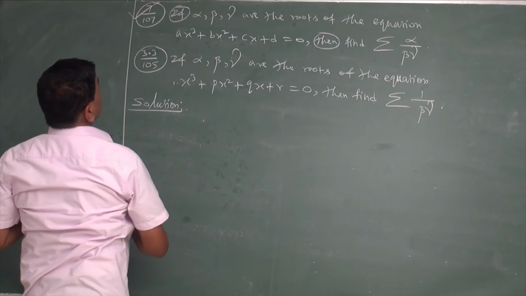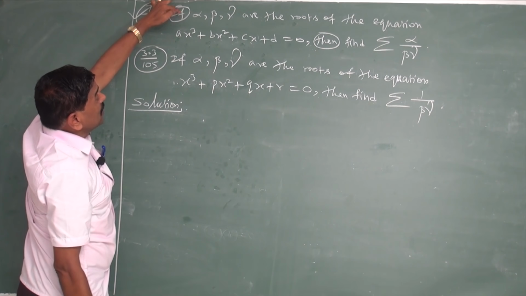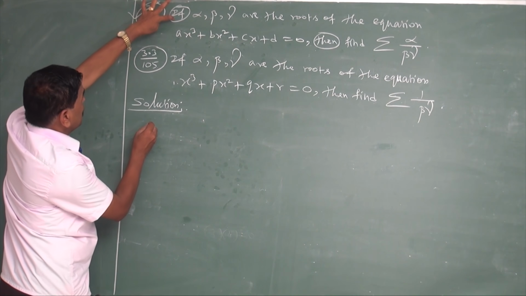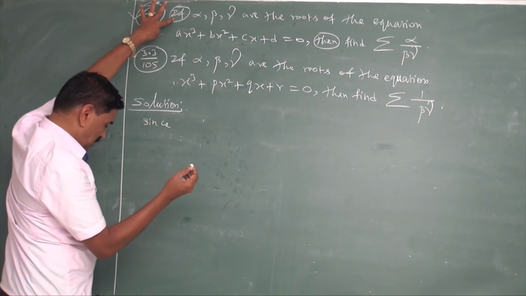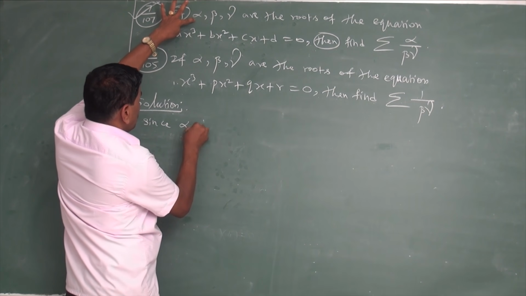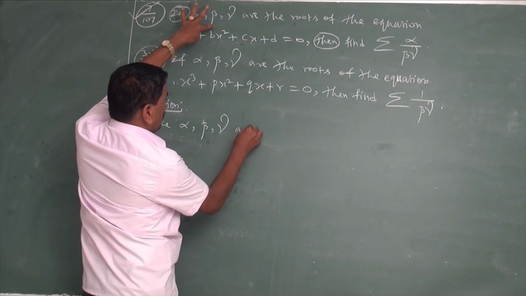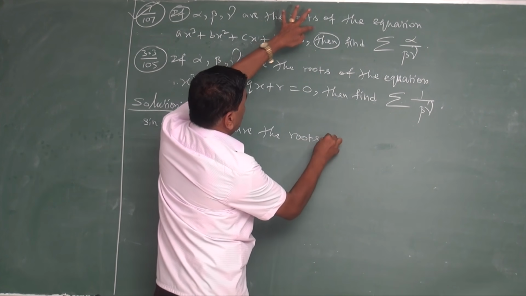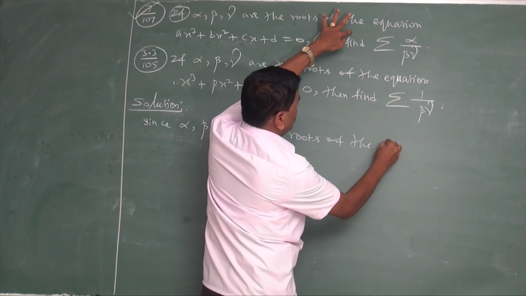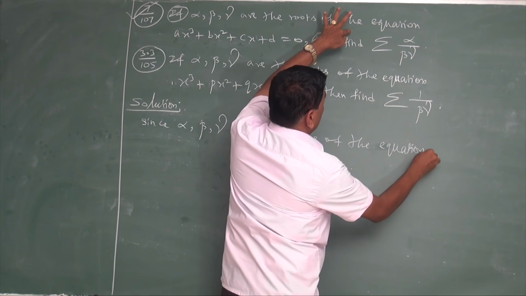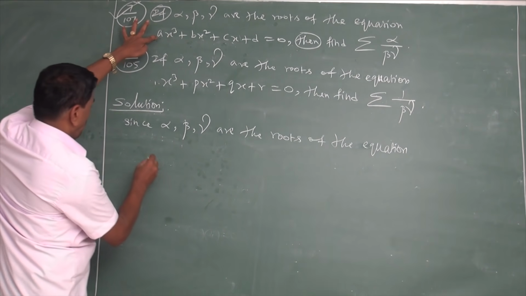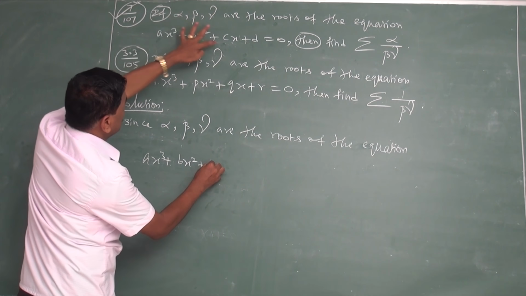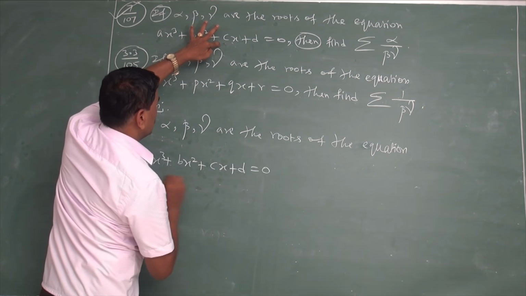The condition is given: since alpha, beta, gamma are the roots of the equation ax cube plus bx square plus cx plus d equal to 0. So that introduction we want to write.